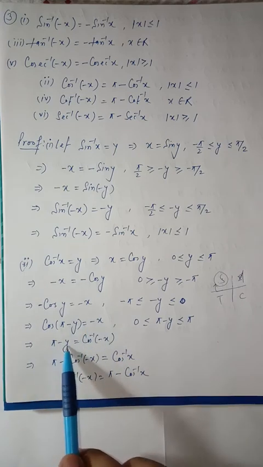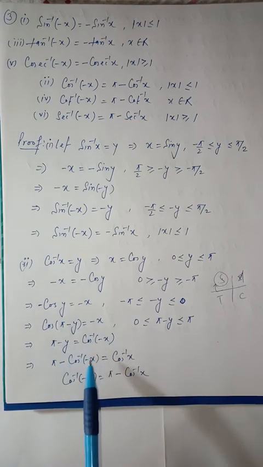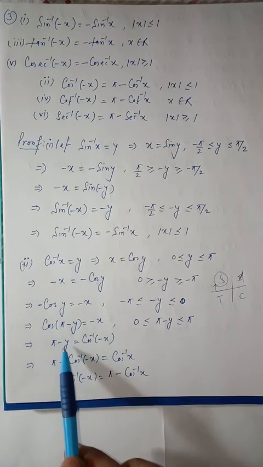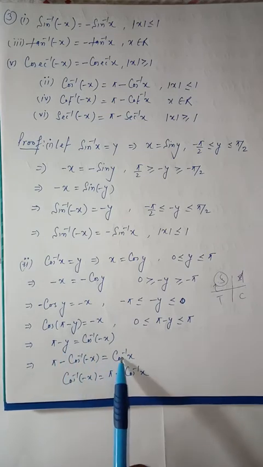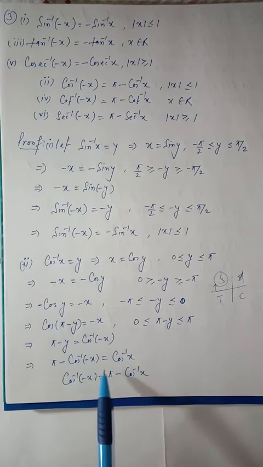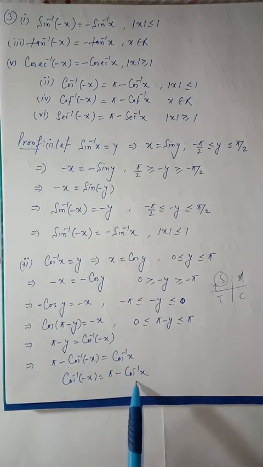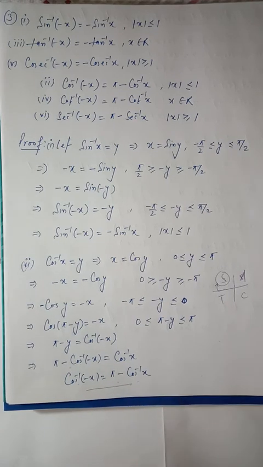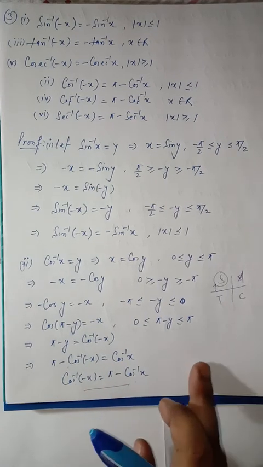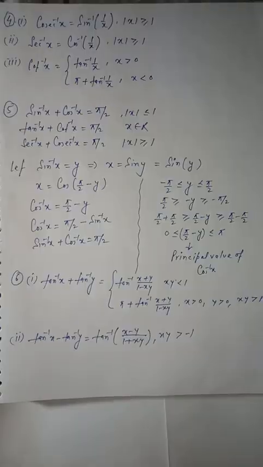So this y will be pi minus cos inverse minus x, and this y is cos inverse x. So we can write that cos inverse minus x is equal to pi minus cos inverse x. In the same manner, other formulas we can easily prove.